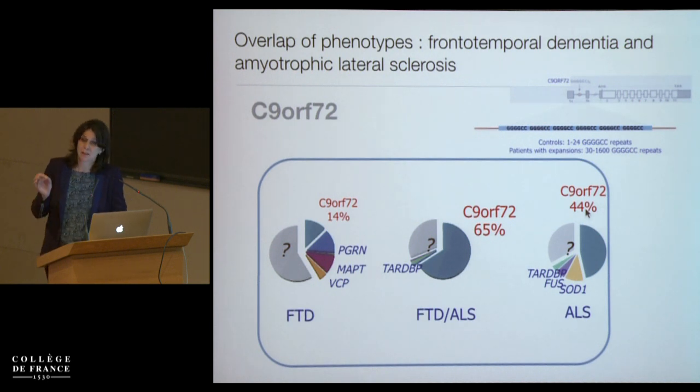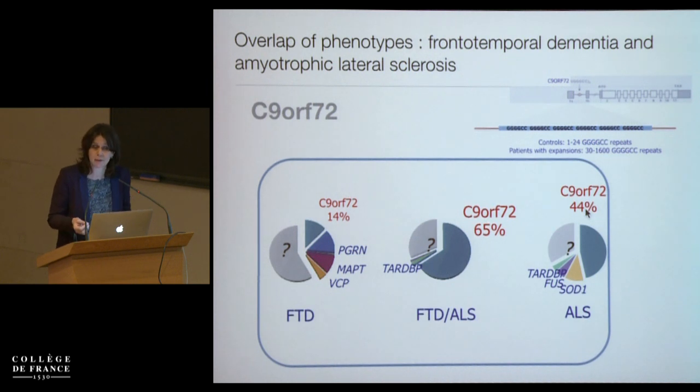So meaning, if someone has motor neuron disease without even a familial history, there is about 20% risk that they're carrying a gene which is responsible for a dominant disease. So this was a real new thing.